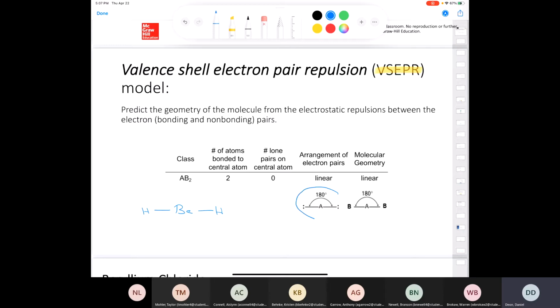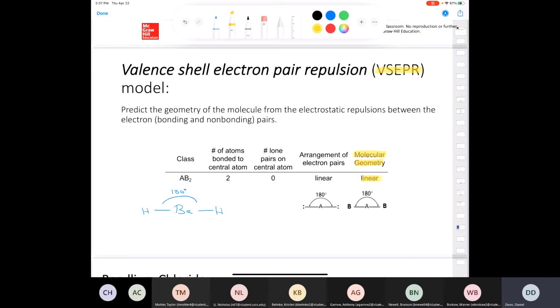They're going to move as far away from each other as possible. They're going to adopt this 180-degree arrangement. And I say that my molecular geometry is linear. It's perfectly straight. It's 180 degrees. Now, again, we call this class an AB2. It's 2 atoms bonded to the central atom, and there's no lone pairs.